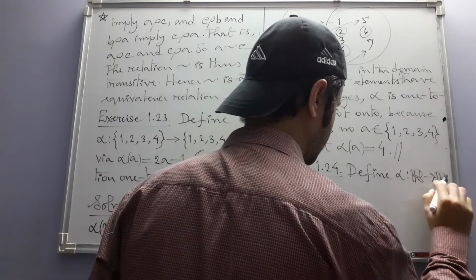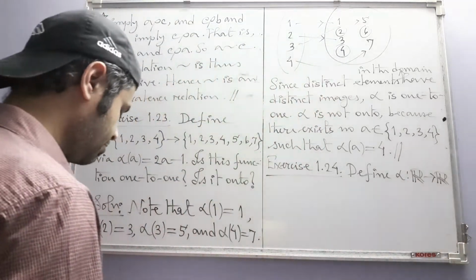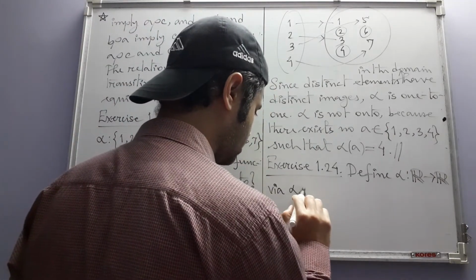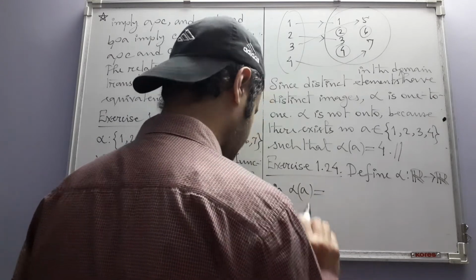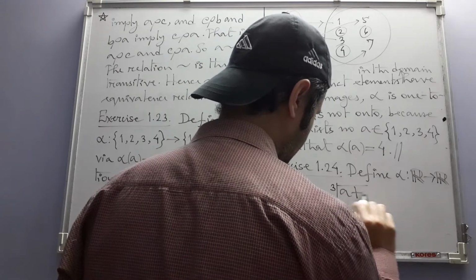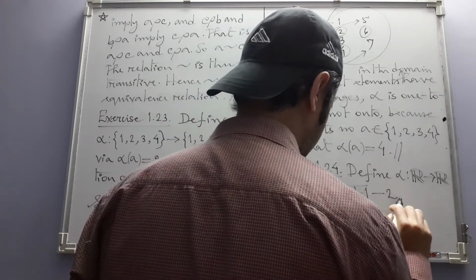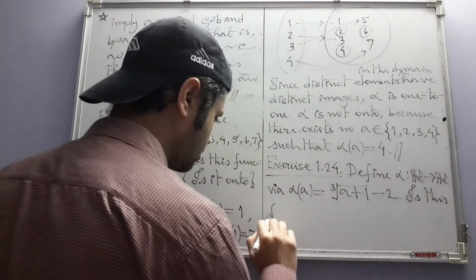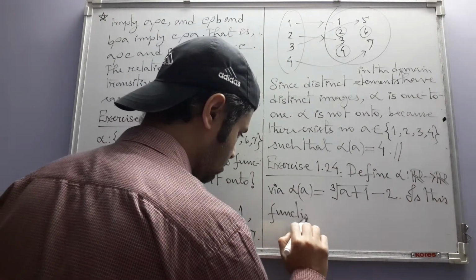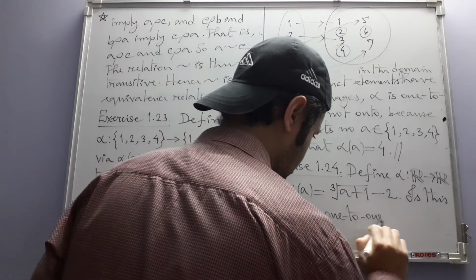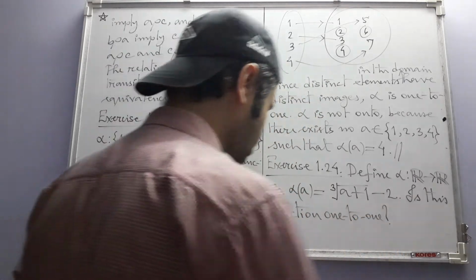So both the domain and codomain are the set of real numbers, and the formula for the function is this: cube root of a plus 1, minus 2. Is this function one-to-one, is it onto?